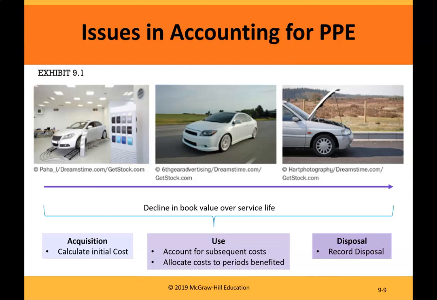Issues in accounting for property, plant, and equipment. Decline in book value over service life. So acquisition, where we calculate the initial cost. The use, account for subsequent costs, allocate costs to periods benefited, and disposal, record the disposal.